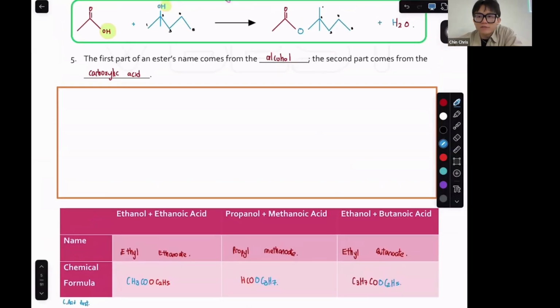Alright guys, if I were to give you a cyclic ester, I want you to try to draw it. For example, I have this. Oh, this is a bit harder, guys.